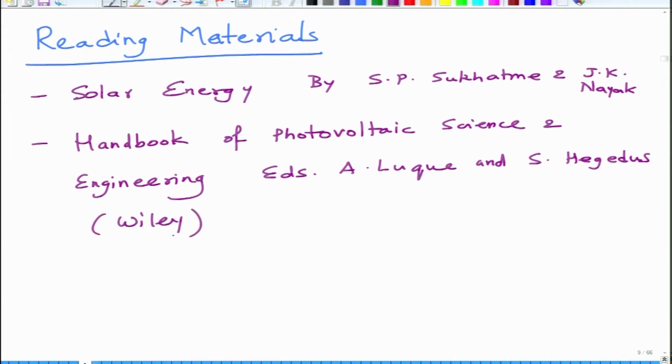This is a fantastic book to learn about fundamentals of photovoltaic science and technologies, and also on basics related to semiconductors and in general photovoltaics.